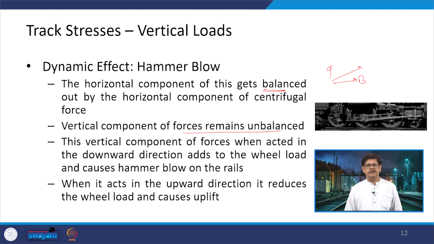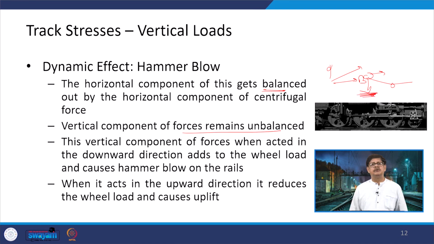This vertical component of the force, when acting in the downward direction, adds to the wheel load and causes hammer blow on the rails. So, as we see, if it is going in this form, this component is going to create more effect on the rails.